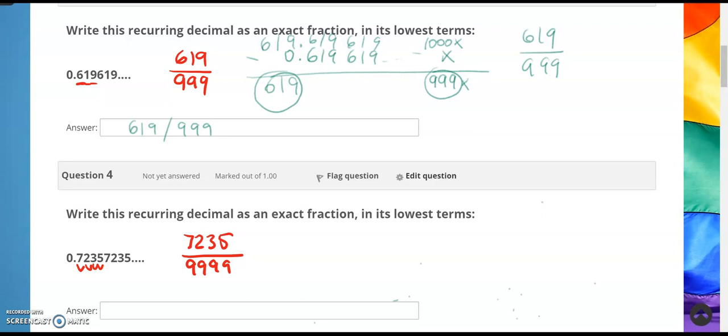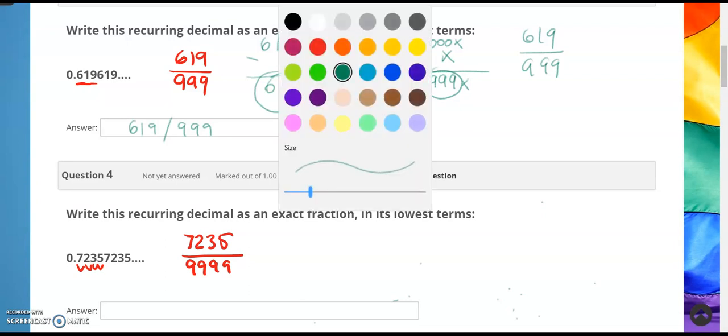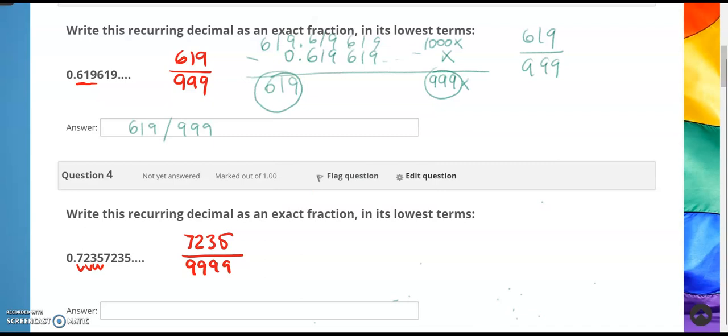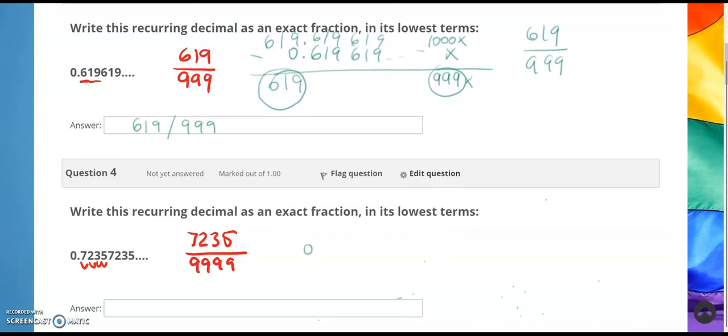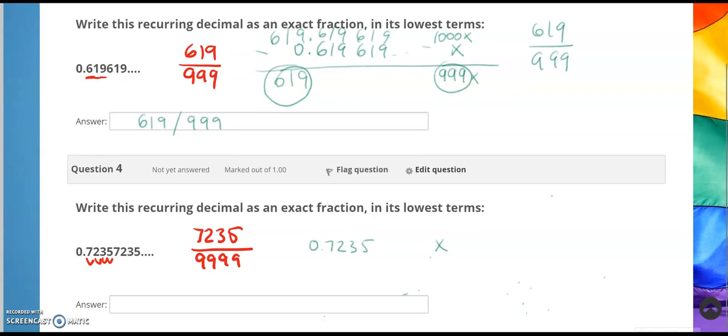So to show the proof of this using algebra, we will represent 0.7235 with x, and we'll now multiply this by 10,000 because we've got 4 digits, 1, 2, 3, 4, so you must have 4 zeros, so 10,000x.